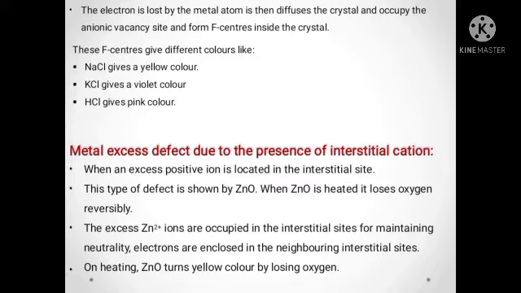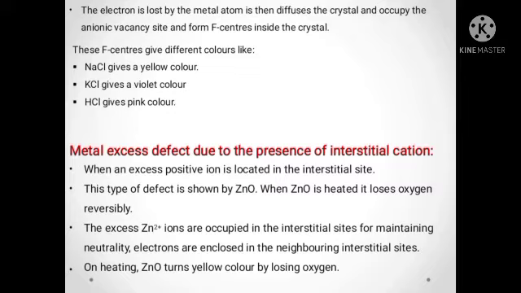Now, metal excess defect due to presence of interstitial cation. Here, an excess positive ion is located in the interstitial site. This type of defect is shown by zinc oxide. When zinc oxide is heated, it loses oxygen reversibly.